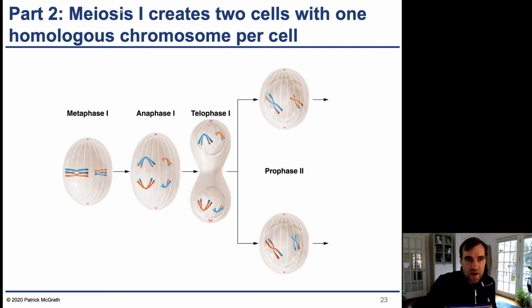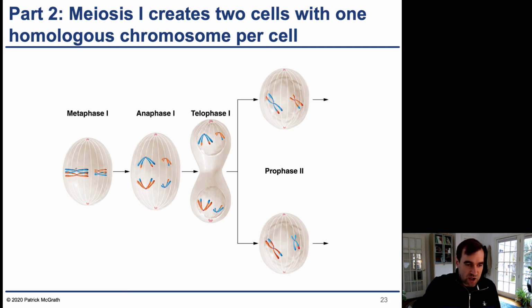So after that, meiosis I results in the creation of 2 cells. What's important to note during meiosis I is that metaphase, anaphase, and telophase are very similar. In metaphase, the tetrad goes to the midplane. In anaphase, you have separation. In telophase, you have termination, where the nucleus reforms and 2 cells form.